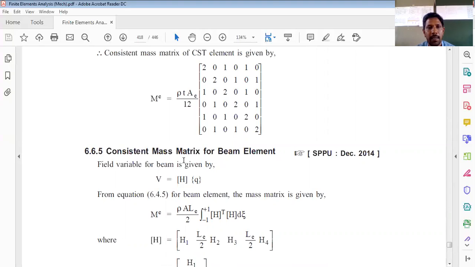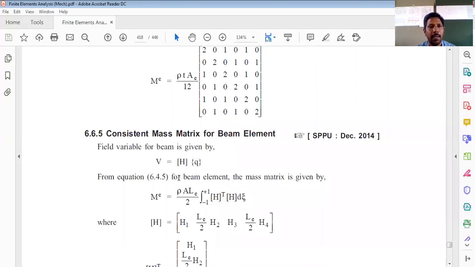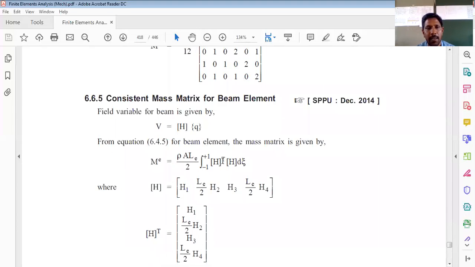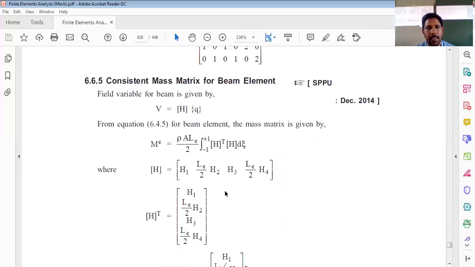In a similar way, we can have the consistent and lumped mass matrix for the beam element. In case of beam, the displacement is the vertical deflection, which is v equals H into q, where H are the Hermite shape functions, and q is the displacement vector of the beam element. So we can write it as H transpose H into d zeta. We know that H is given by H1, H2, H3, H4.